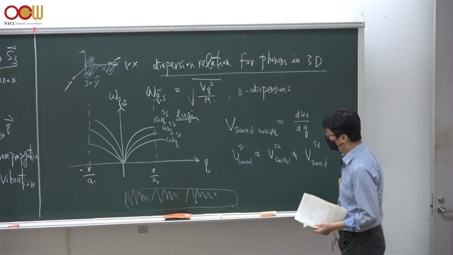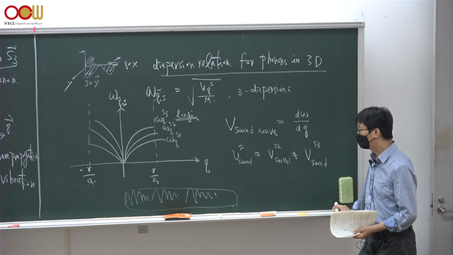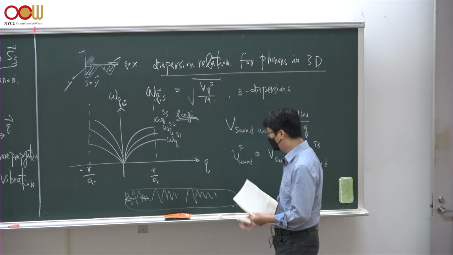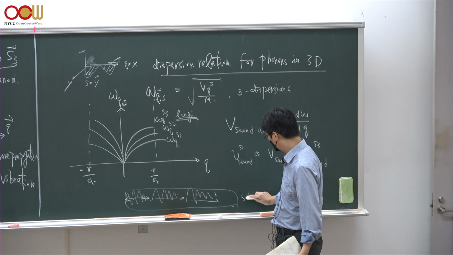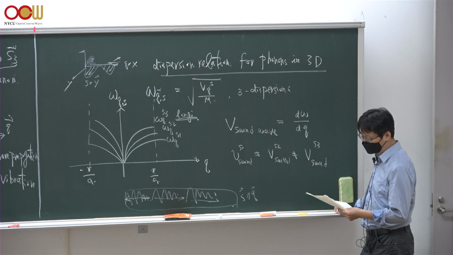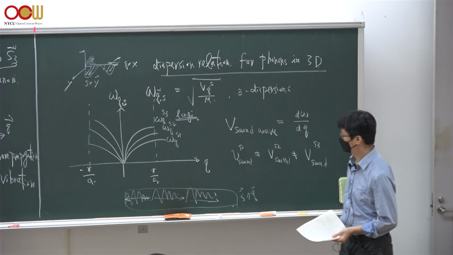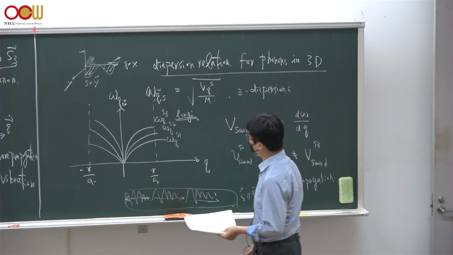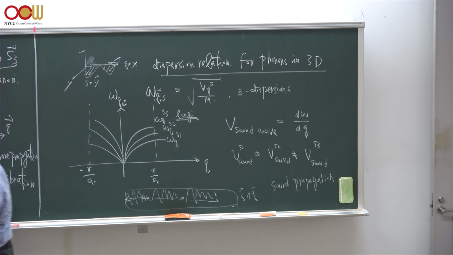The sound wave propagates exactly the same way as a longitudinal wave, meaning the vibration of these molecules of air is along the same direction as the sound wave propagation. And therefore, people call this longitudinal phonon mode just a sound wave, because it looks very much like sound propagation.